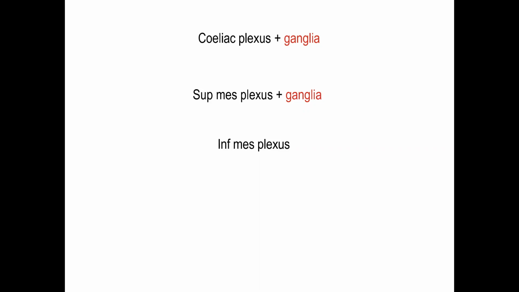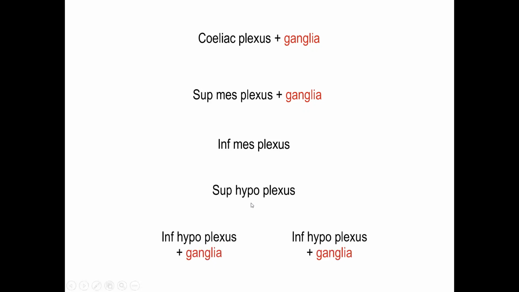Besides these, there are three sets of plexus in the pelvis: the superior hypogastric plexus, inferior hypogastric plexus. Inferior hypogastric plexus are associated with ganglia, which are sympathetic again. Remember, parasympathetic ganglia lie in the wall of the organ that is supplied.